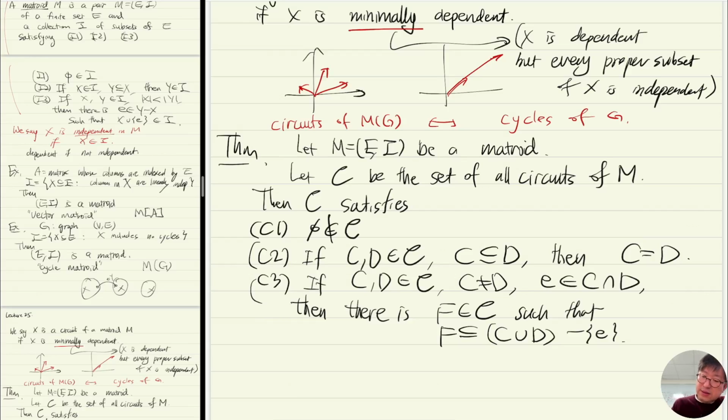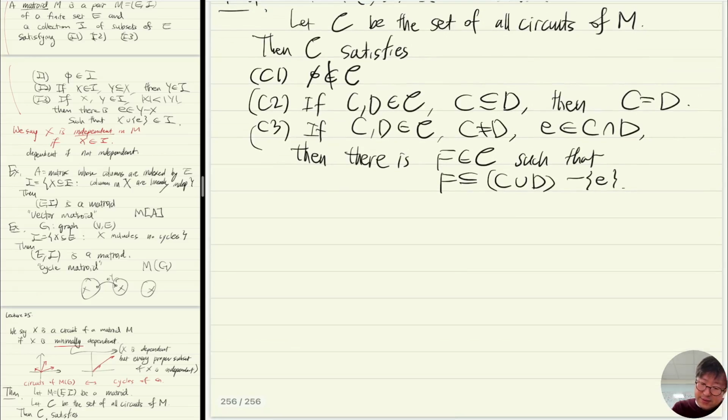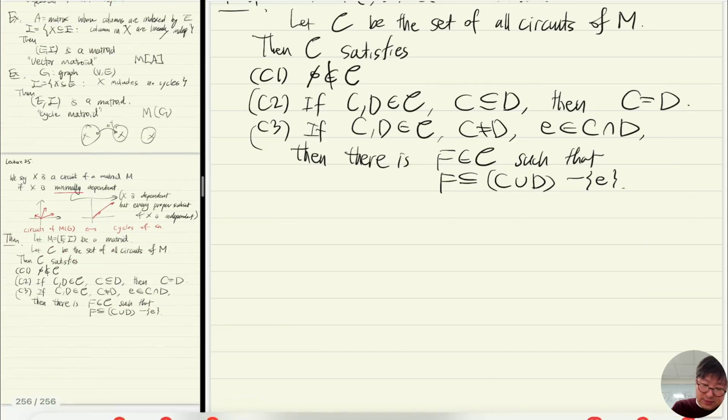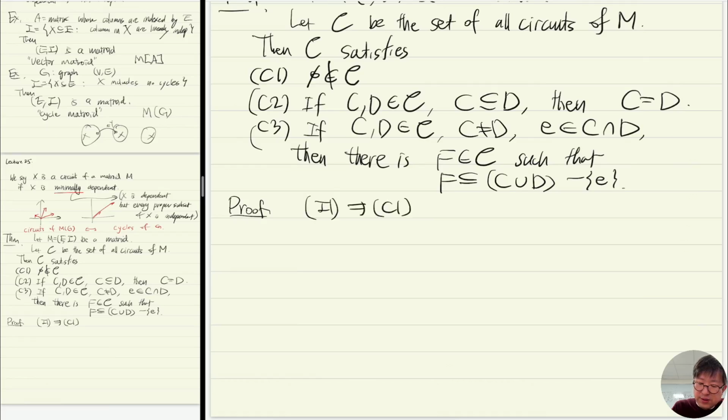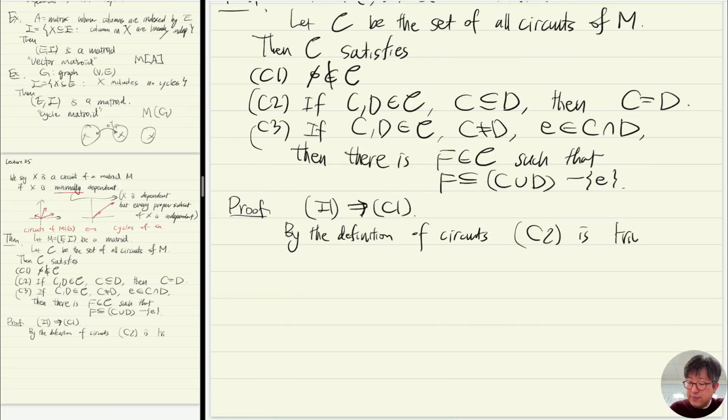Now, let's prove why. I1 obviously implies C1, and by the definition of circuit, C2 is trivial.